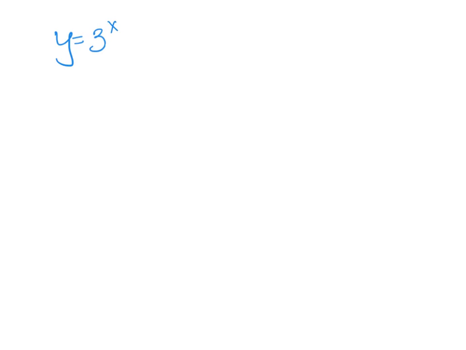So 3 to the power of x is an exponential. If I wanted to find the inverse, I would switch my x and y and solve for y. The problem is I don't know how to solve for y.